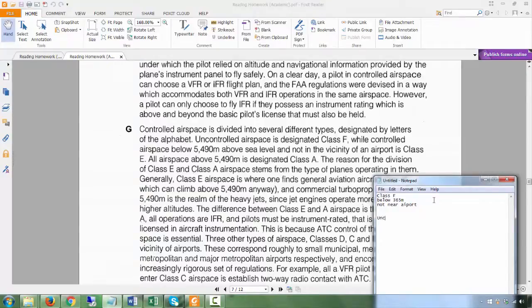So it says here, uncontrolled airspace is Class F. So this one is uncontrolled airspace below 300 meters and not near the airport. Okay, so we've already equated Class F with uncontrolled airspace.